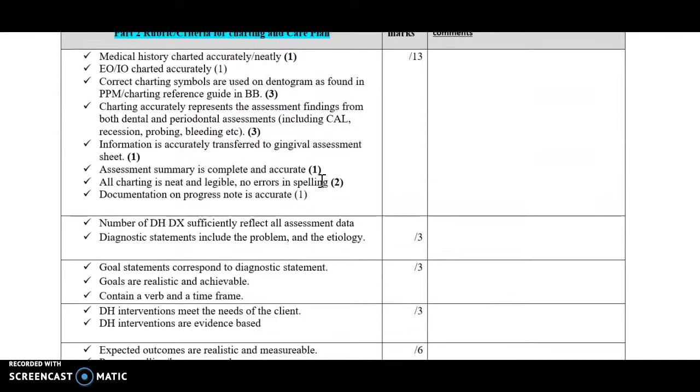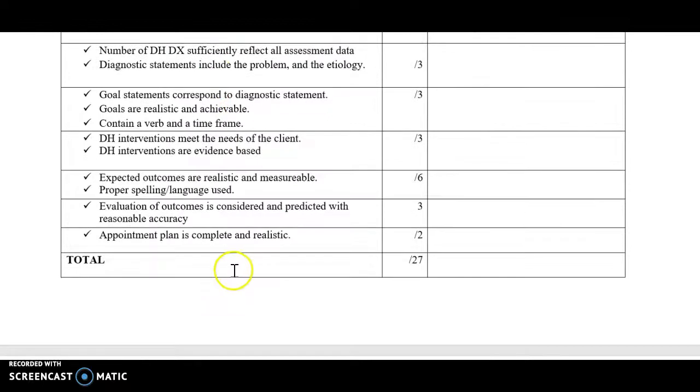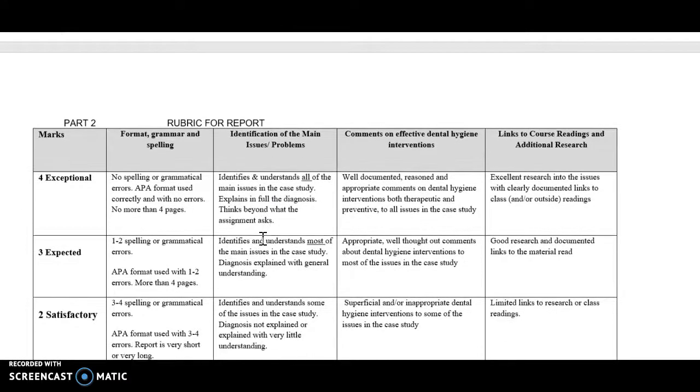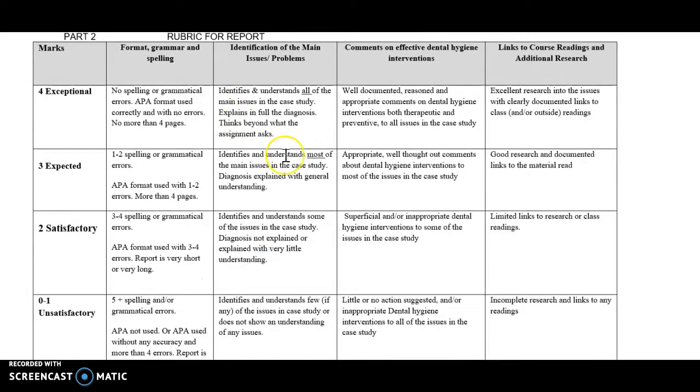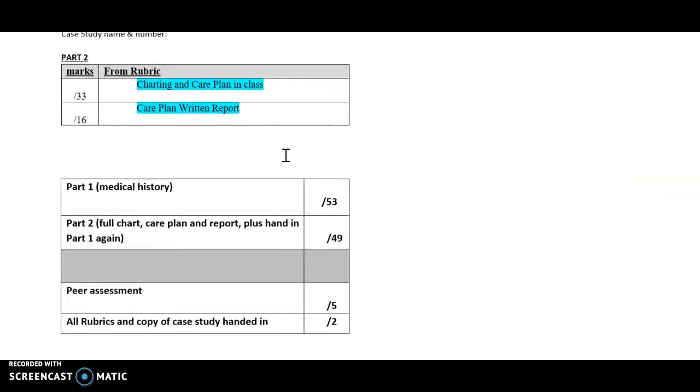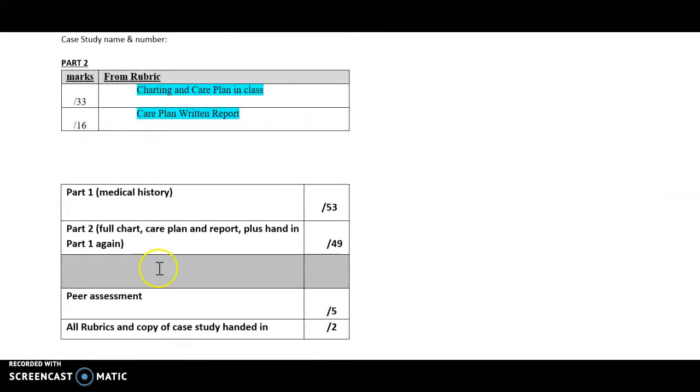And the rubric is here for care planning, so this goes through all the forms, the diagnosis, the goals, interventions, expected outcomes, evaluation, and appointment plan. This is the rubric for the report that you'll be writing. And then this is your final rubric. You will need to hand these rubrics in.